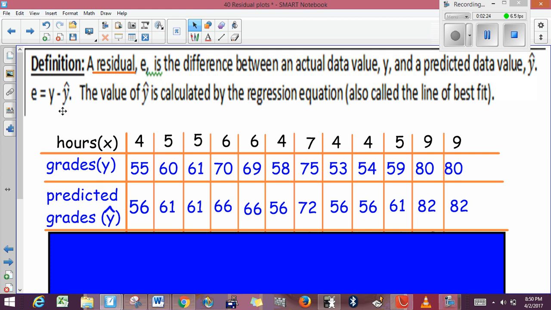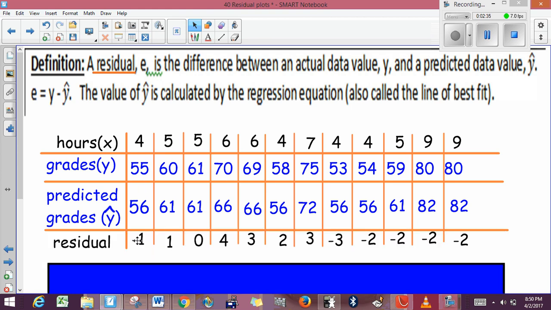And to calculate the residual, we just subtract the predicted values from the actual values. So for example, here, 55 minus 56, that's -1. That's the residual. 60 minus 61, well, that should have been a -1 also. 61 minus 61, that's 0. 70 minus 66 is 4, and so on.